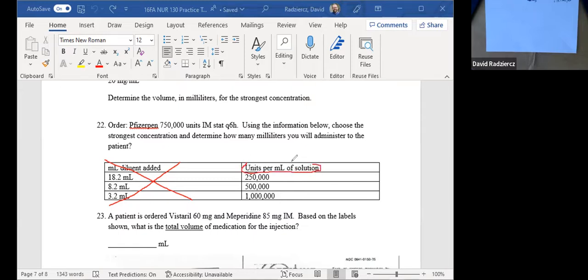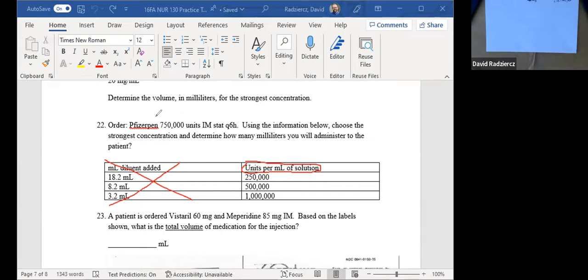as a side note, what you're looking for is a concentration, and the concentration here happens to be units per milliliter. You've seen this written as milligrams per milliliter, grams per milliliter, micrograms per milliliter. Units is just usually how things like heparin, insulin, and I guess in this example, Pfizer pen are designated.